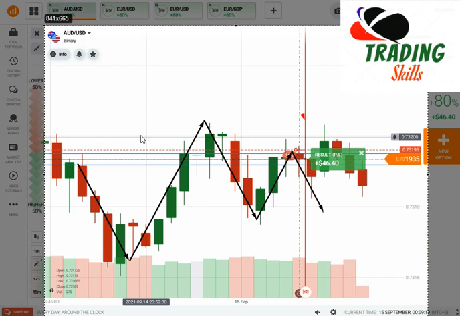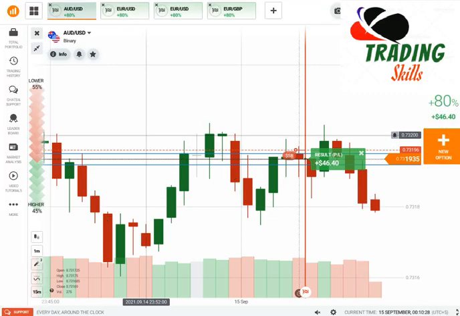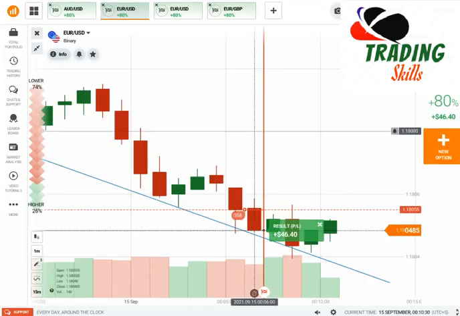You can easily see that this is also a head and shoulder pattern. Now you can see this is the head, the left shoulder and the right shoulder. Okay, so you can see the head and shoulder pattern also. So the market will give you so many chances if you utilize them properly. Okay, so now after this I took this trade.